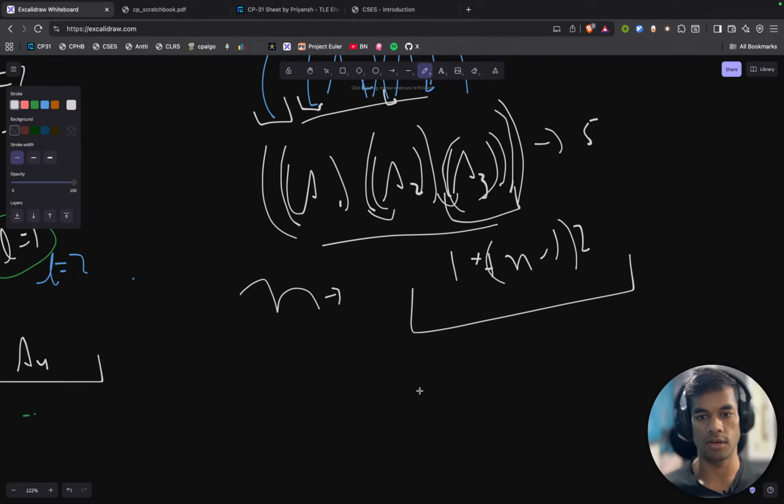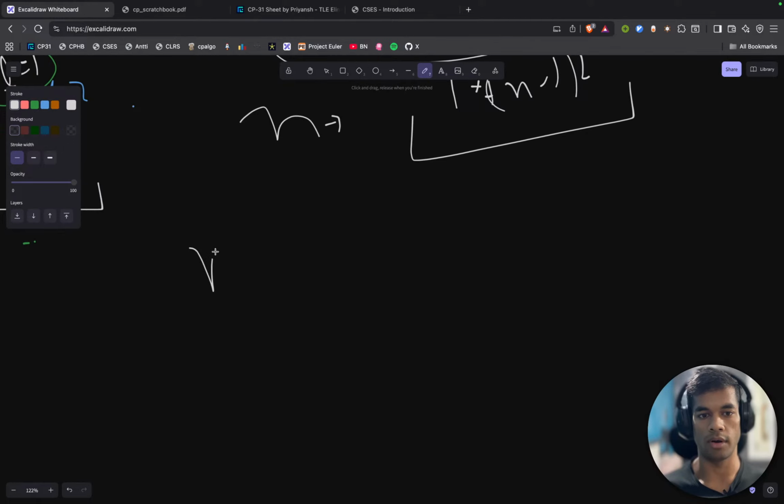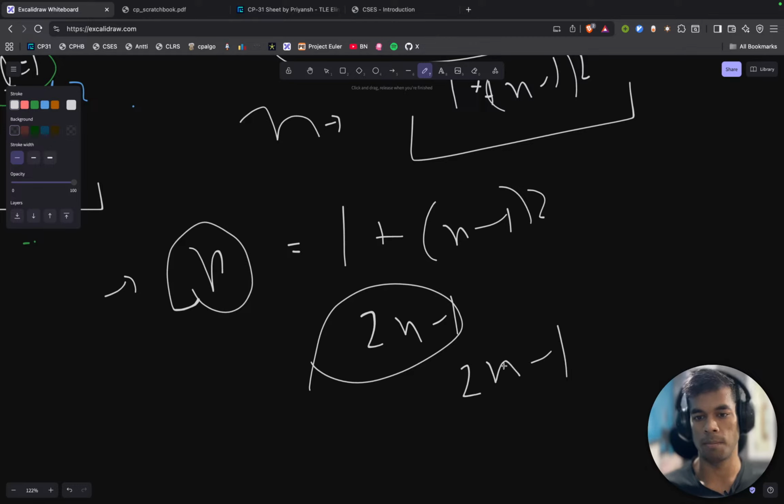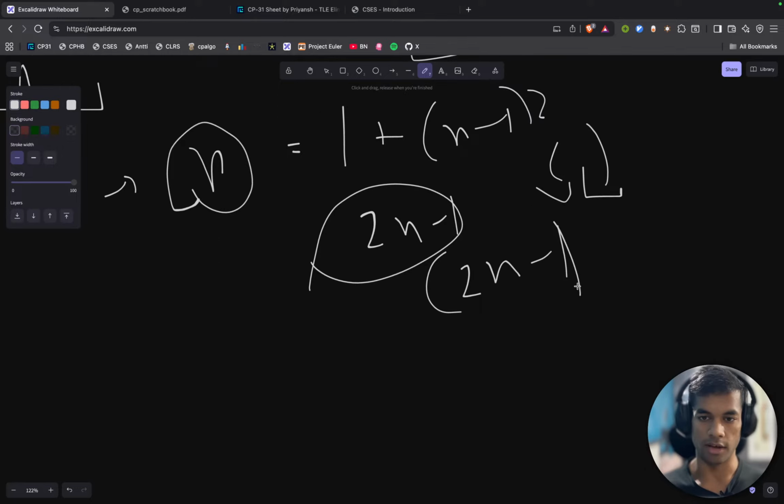So for a sequence of n matrices, we have n plus (n minus 1) times 2, which is just 2n minus 1. Yeah, 2n minus 1 opening brackets, and therefore subsequently 2n minus 1 closing brackets.